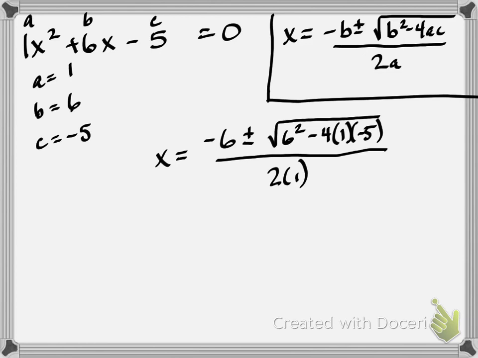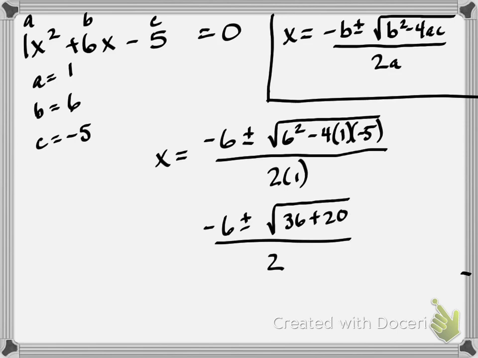All right, now we are going to simplify underneath the square root. 2 times 1 on the bottom is just 2. That's going to end up being 36 plus 20. If you multiply negative 4, 1, and negative 5, that'll just be 20. And then what we have is negative 6 plus or minus, if I add that, I get 56 over 2.